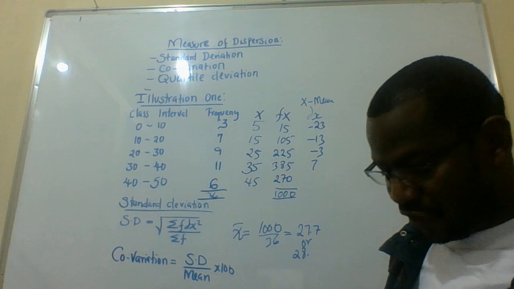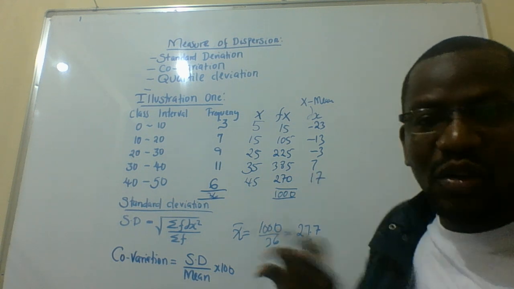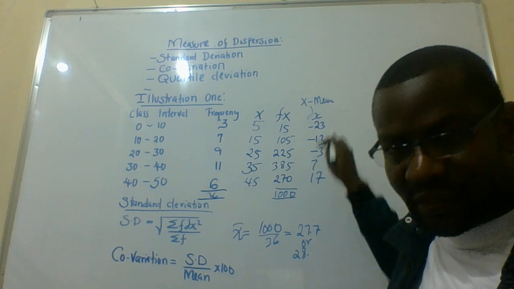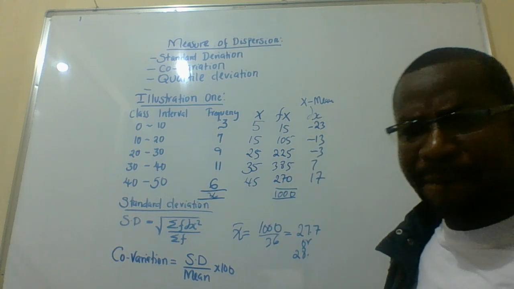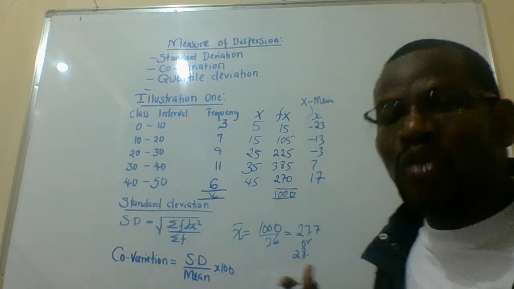Lastly, 45 minus 28, 17. So I have the dx. But we need to come up with dx squared. So square it.